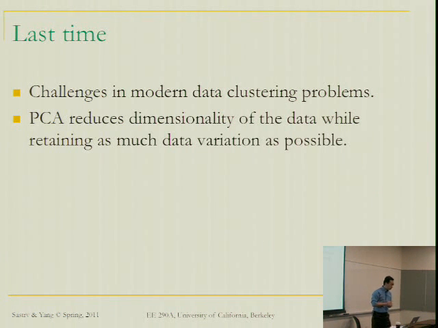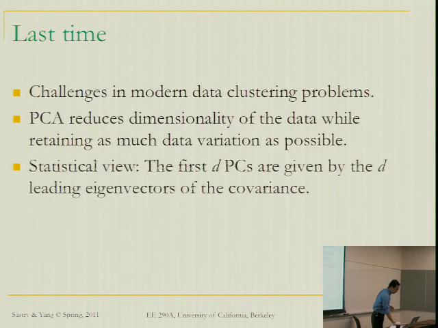We also mentioned the goal of PCA is essentially to reduce the dimensionality of the data while trying to retain as much data variation as possible. We also said that we can formulate the problem of PCA from 2 perspectives.